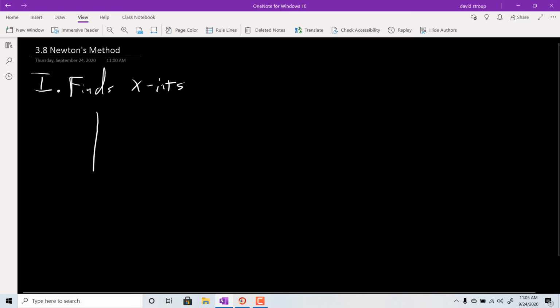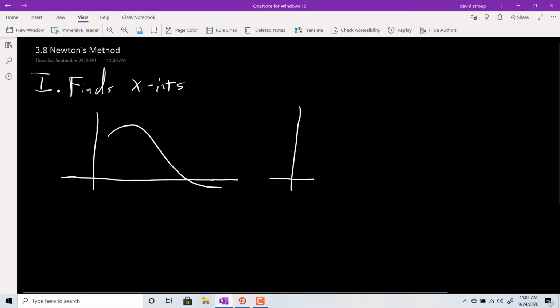Let me try to draw this. This is always an issue, trying to get it drawn correctly. So we have some weird graph, and we want to figure out what is that place where it's hitting the x-axis, right? And I have to do it in a couple iterations.